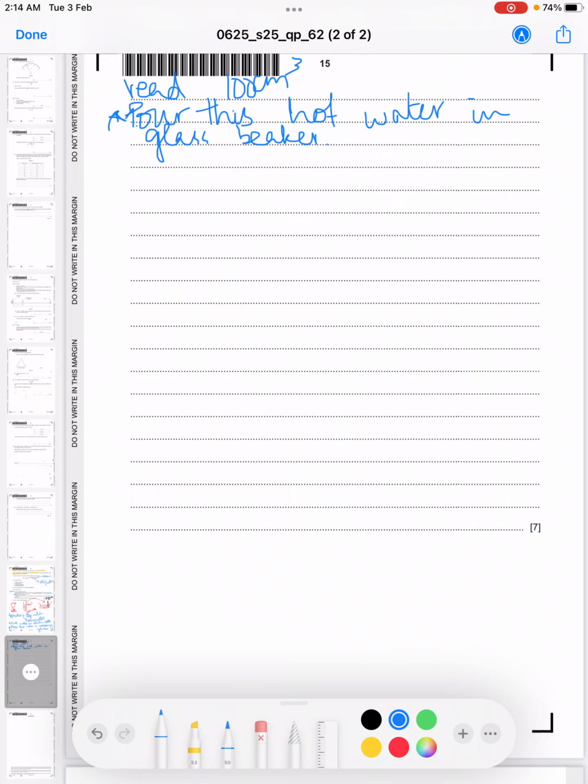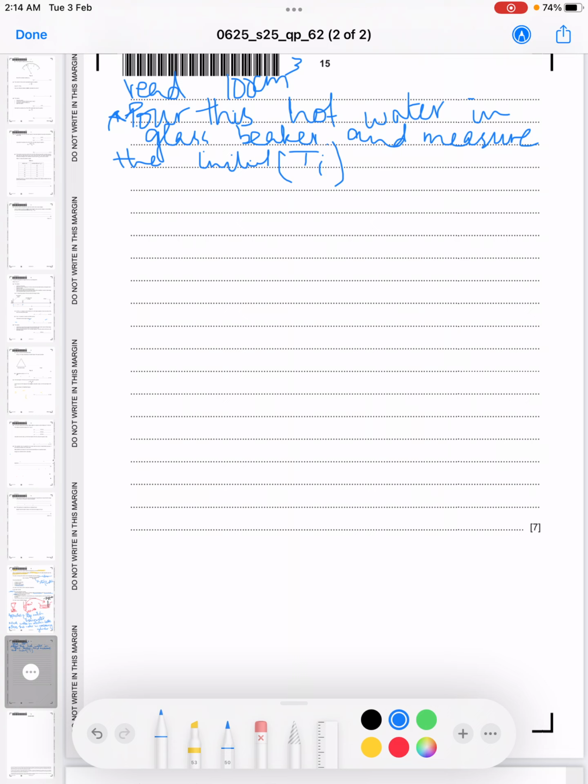Okay, and measure the initial temperature. I am writing TI, right?